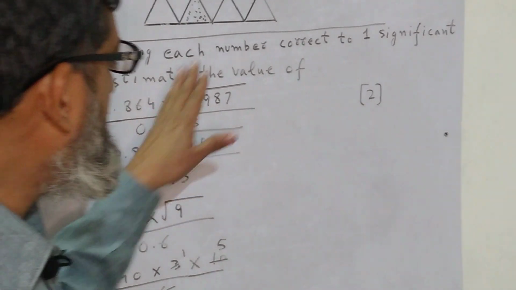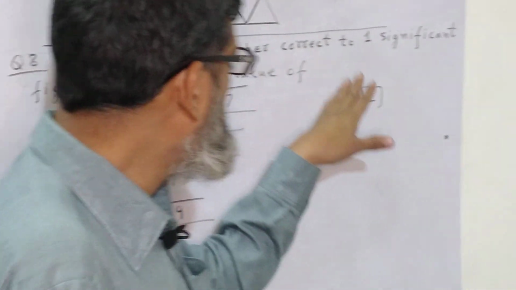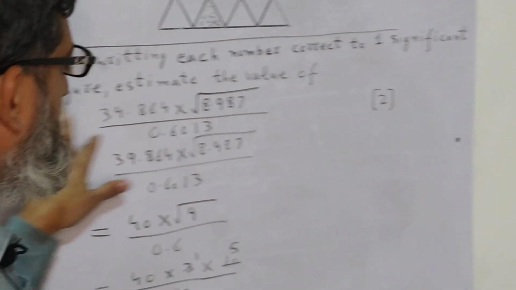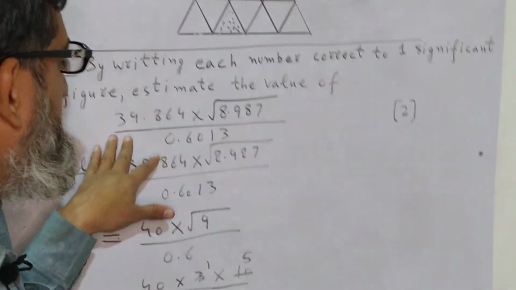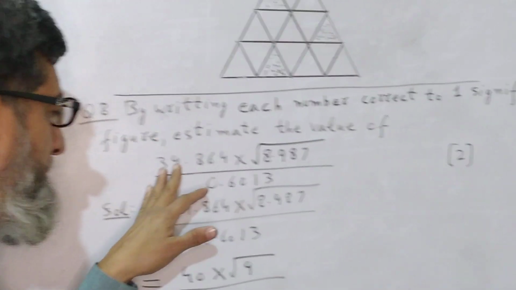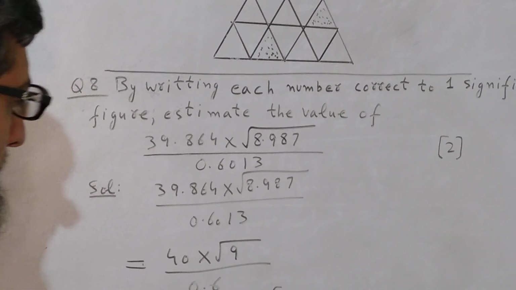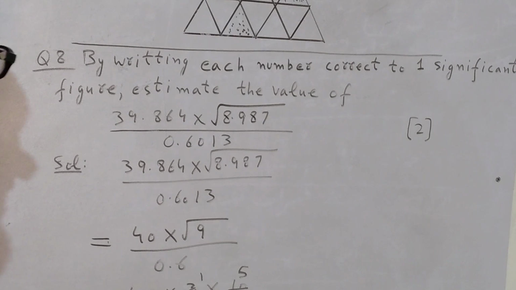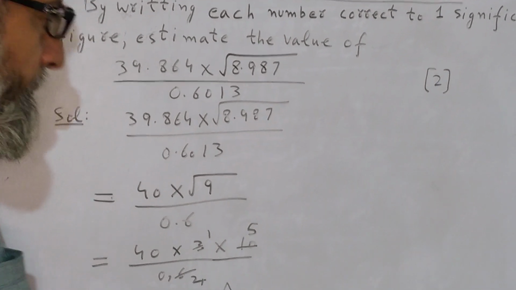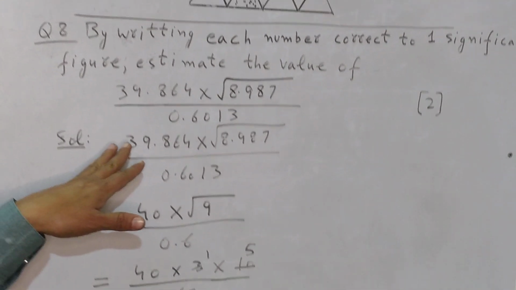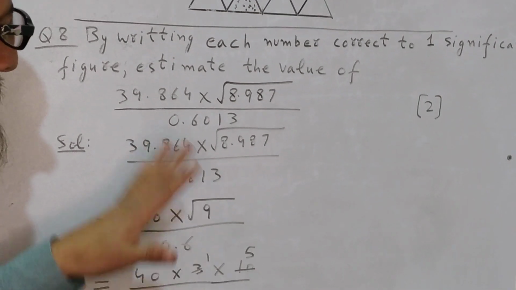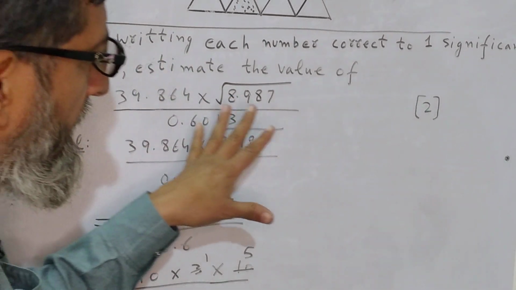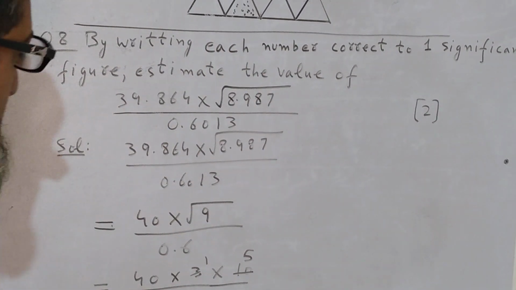By writing each number correct to one significant figure, estimate the value of the given expression, that is 34.864 multiplied by the square root of 8.987, divided by 0.6013. For the solution, first we have to write all the terms correct to one significant figure.